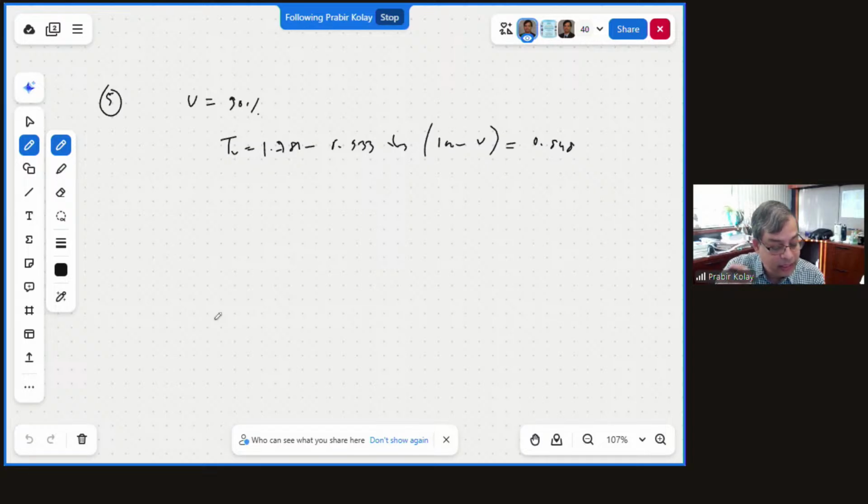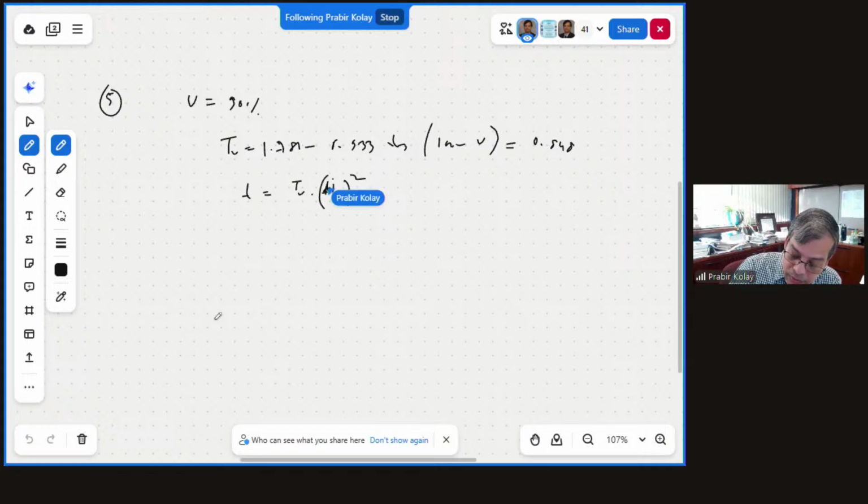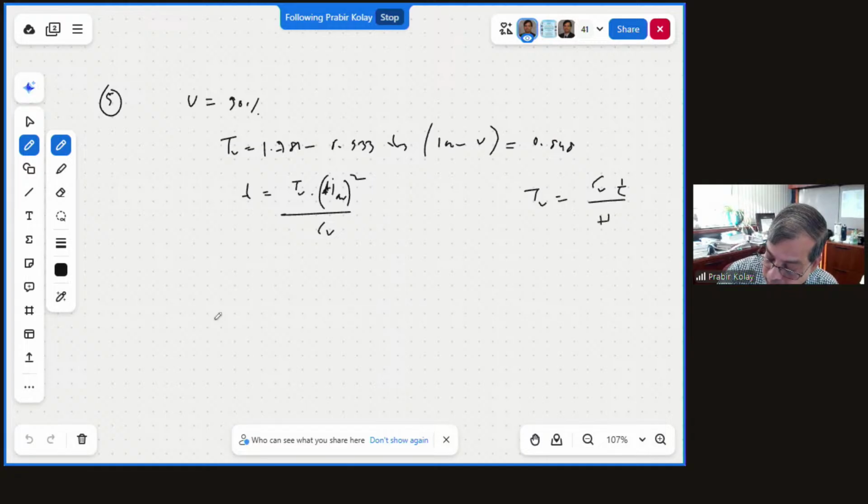Now how much time is it going to take? Use the same equation: T_V is equal to C_V times t divided by height of drainage squared. So from here you can find the value of t: t is equal to T_V times height of drainage squared divided by C_V.